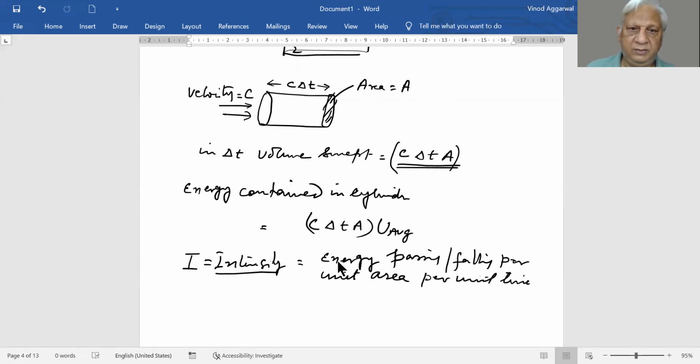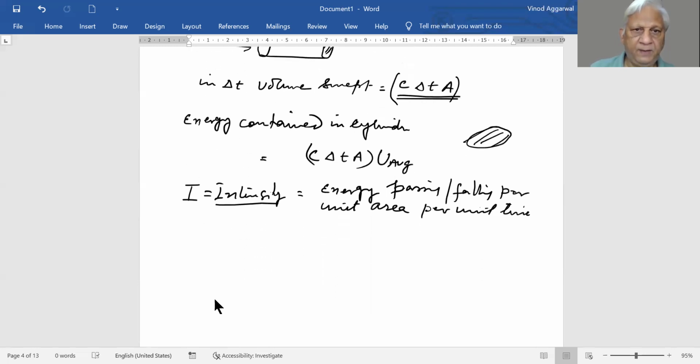Let's say if we take any surface, how much energy is passing through this surface on a unit area basis and in unit time. This is called intensity.